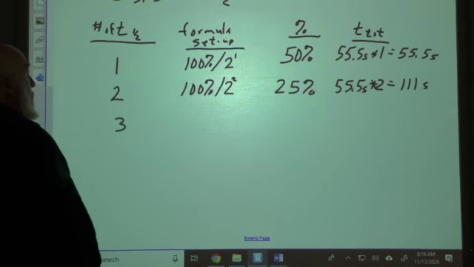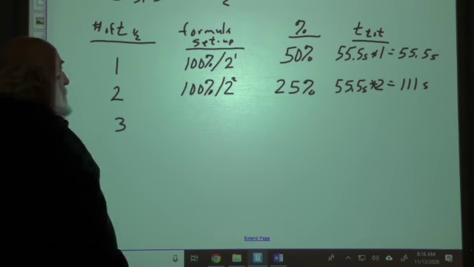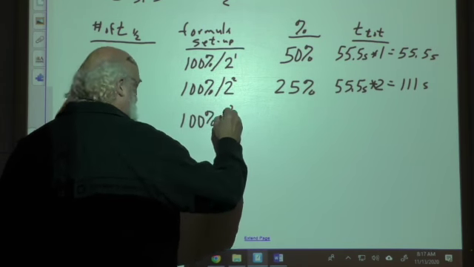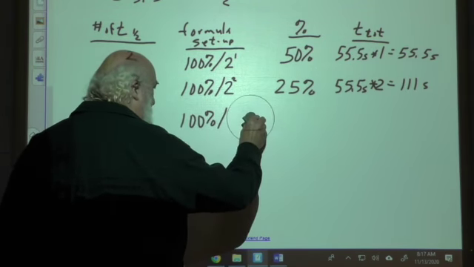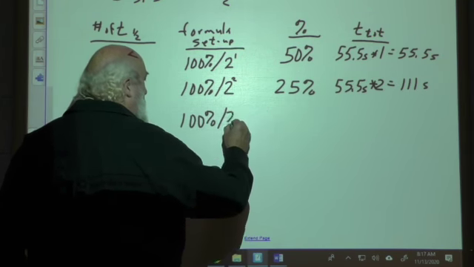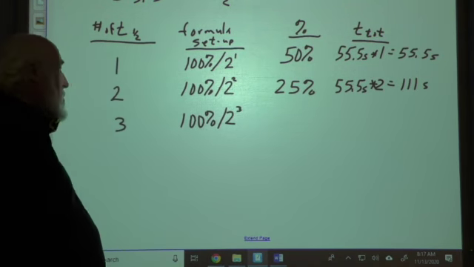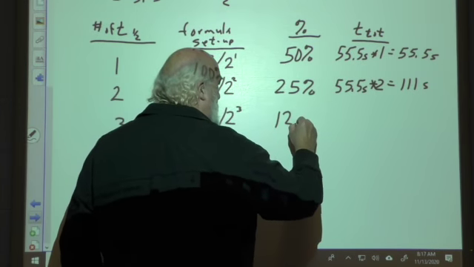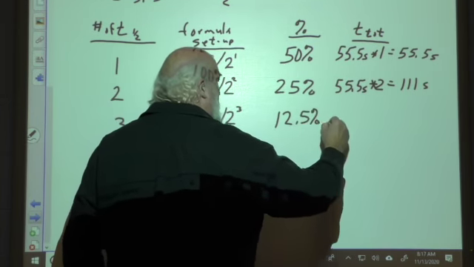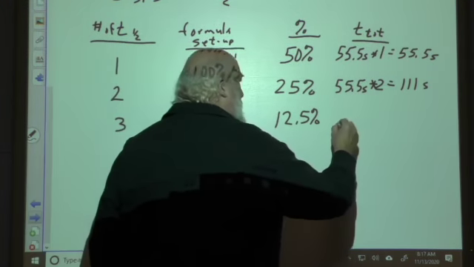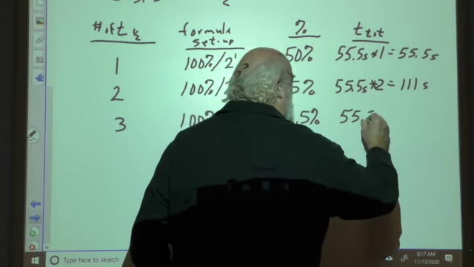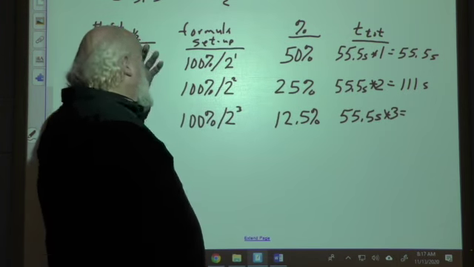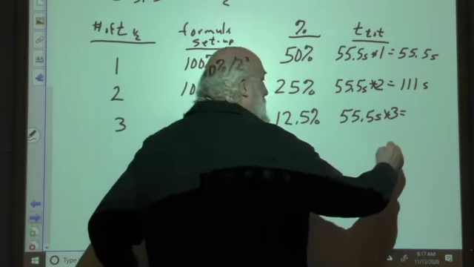Let's take half-life number 3. That would be 100% divided by 2 to the third power. Divide that out in the calculator, or just take half of this. You get 12.5%. Since this is the third half-life, this is 55.5 seconds times 3, which is 167 seconds.